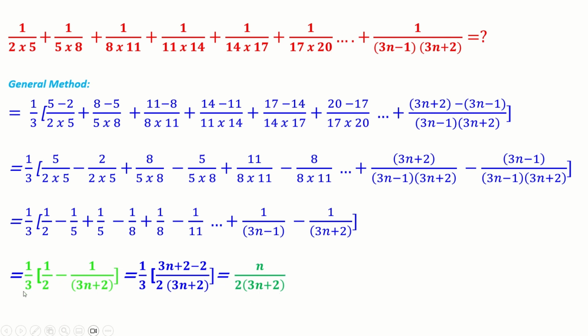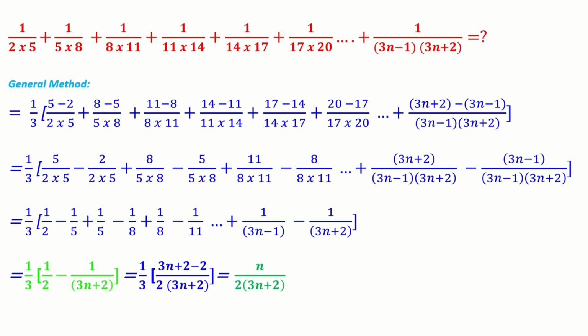In the first problem, if you see clearly, the 1 by 3, the 3 actually comes from the difference of the denominator numbers, that is 5 minus 2, or 8 minus 5, or 11 minus 8. The difference is 3.